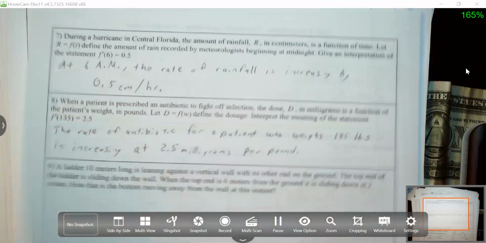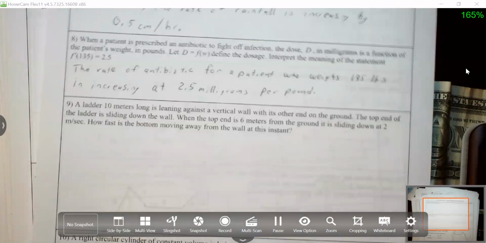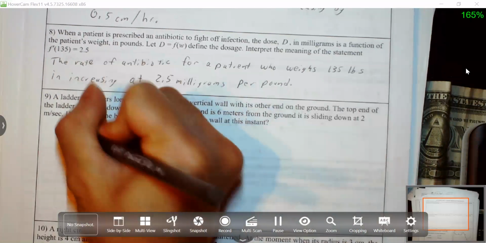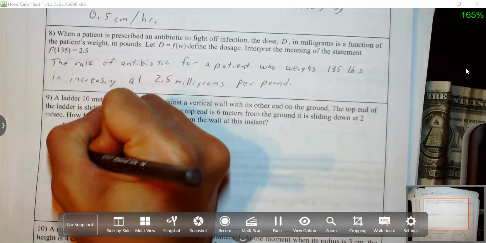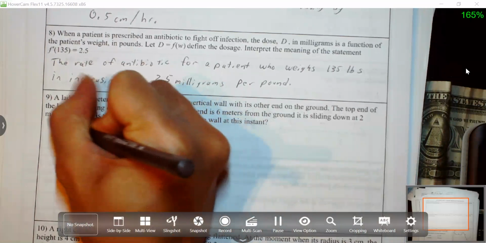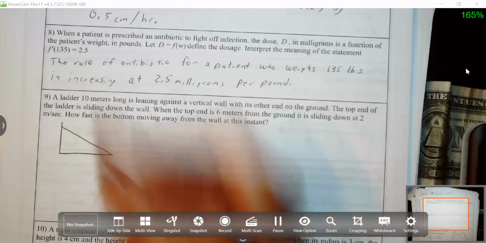Number 9, number 10, and number 11 are related rate questions. A ladder is 10 meters long, is leaning against a vertical wall with its other end on the ground. The top end of the ladder is sliding down the wall. When the top end is 6 meters from the ground, it is sliding down at 2 meters per second. Okay, so I know this is 10.